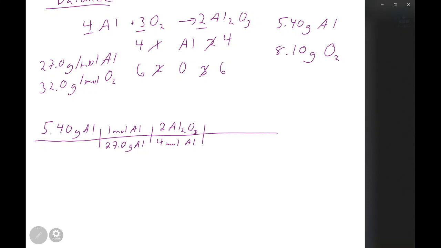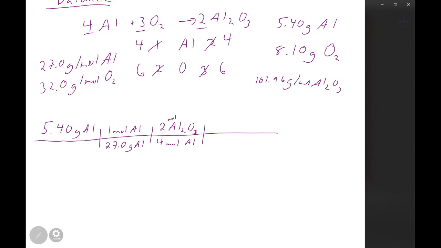Now I want to figure out what that is in terms of grams. Oh, I forgot to calculate the molar mass of aluminum oxide. For that, you would add the molar mass of aluminum times 2 and the molar mass of just oxygen times 3. So the molar mass of aluminum oxide, Al2O3, is 101.96 grams per mole.